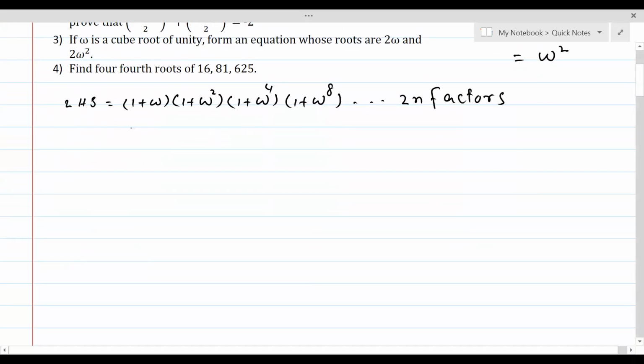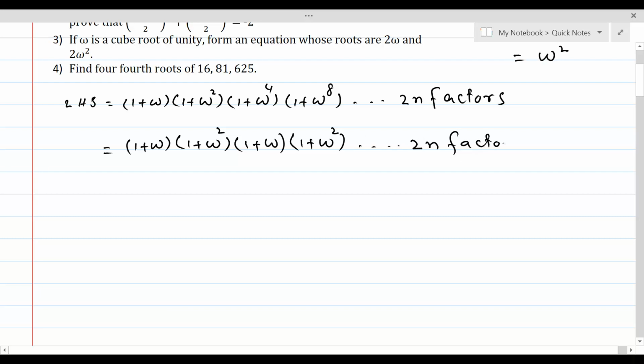So if we substitute these values, this will give us 1 plus omega into 1 plus omega square into 1 plus omega into 1 plus omega square. This way we will continue up to 2n factors.